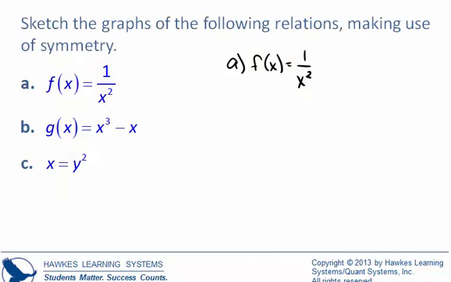So we're going to replace x with negative x, and we're going to see if we get the same expression. So everywhere in this initial problem where I have an x, I'm now going to put a negative x.